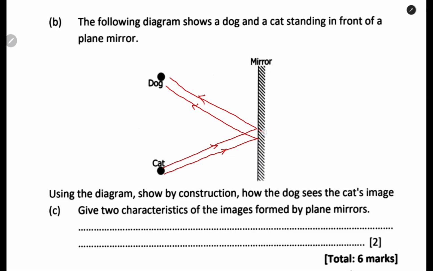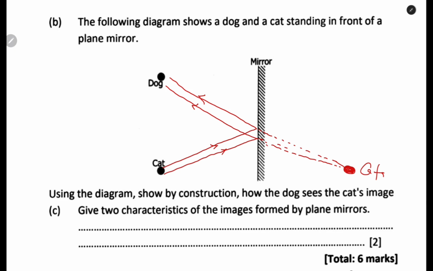Then the image will be formed at the back of the mirror. Okay, something like that. Let me just connect them. So the cat will be seen from here. So this is the cat. That is how the dog is going to see the cat.